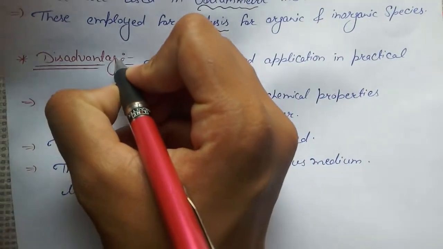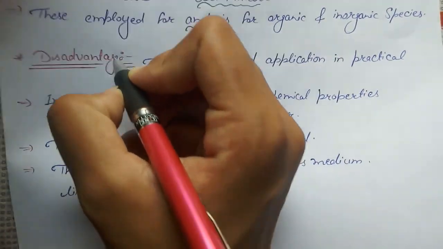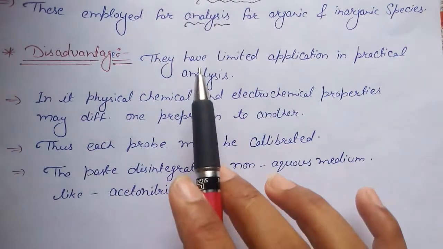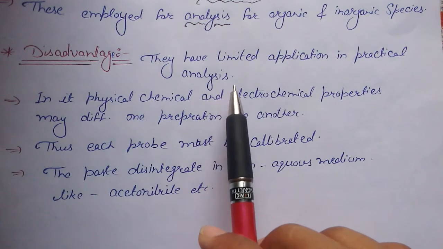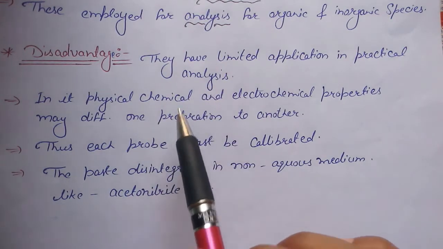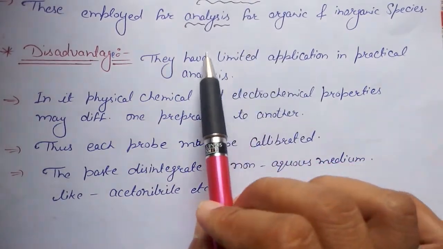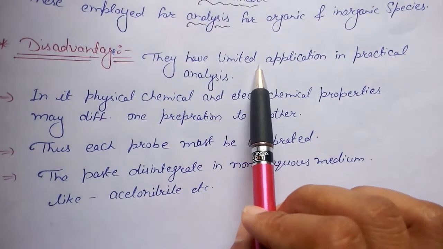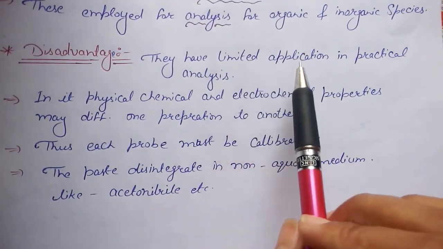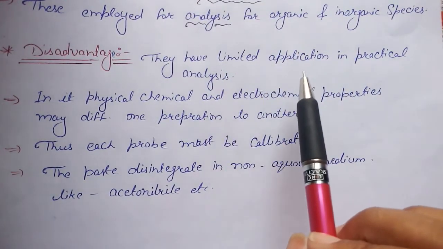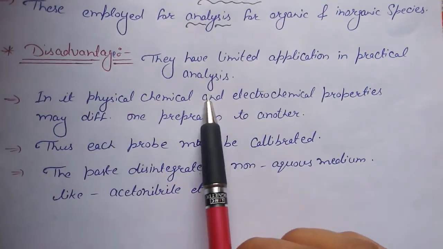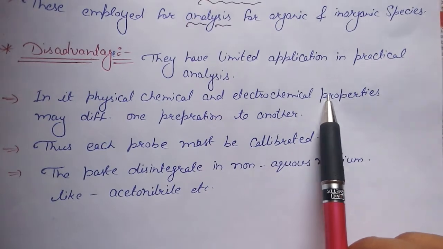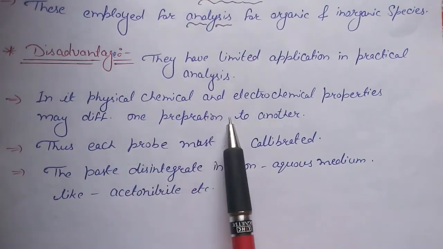They have limited application in practical analysis. This is its most important disadvantage: you can use it only at limited times, not everywhere. Its physical, chemical or electrochemical properties may differ from one preparation to another.